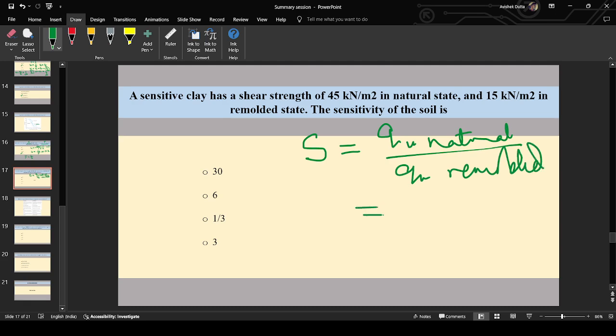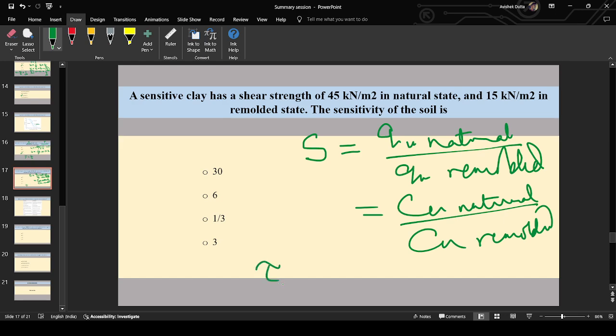You can also write it like this, Cu natural divided by Cu remolded. What is Cu? Cu is the undrained cohesion. This is also equal to the shear strength. Why? Because from the unconfined compressive strength testing, the shear strength is equal to Cu.